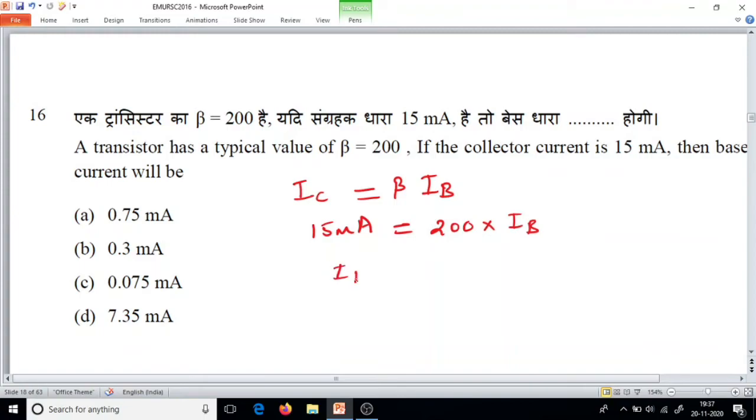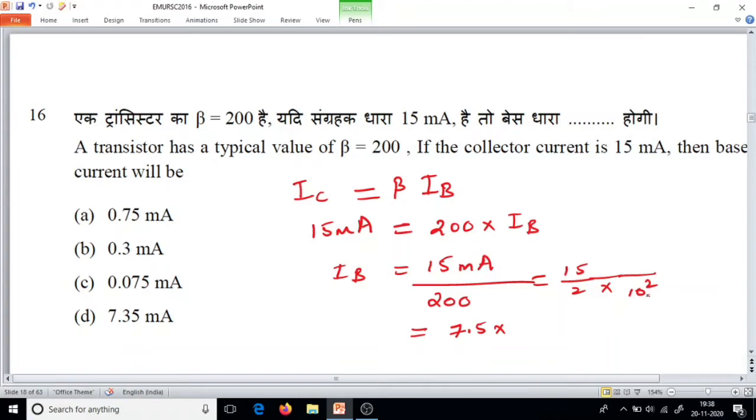Now IB equals 15 milliamps divided by 200. This we can write as 15 divided by 2 multiplied by 10 to the power 2. So 15 divided by 2 equal to 7.5. When you bring this 10 to the power 2 up, we get 10 to the power minus 2.